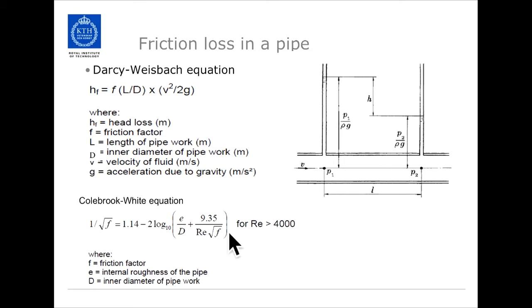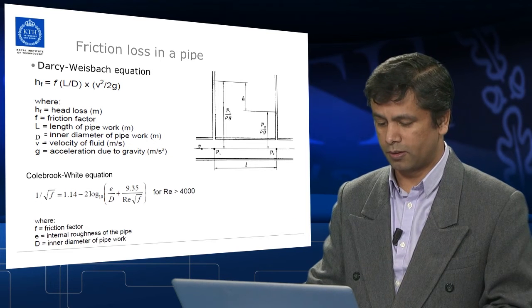During the calculation of this friction factor, you will come across the internal roughness of the pipe, another coefficient, and this coefficient e depends upon the surface and what type of material has been used for the pipe. f is the friction factor, e is the internal roughness of the pipe, and D is the diameter of the pipework.